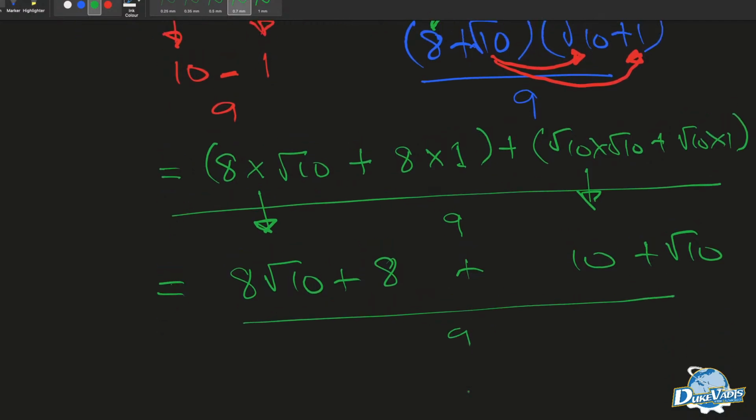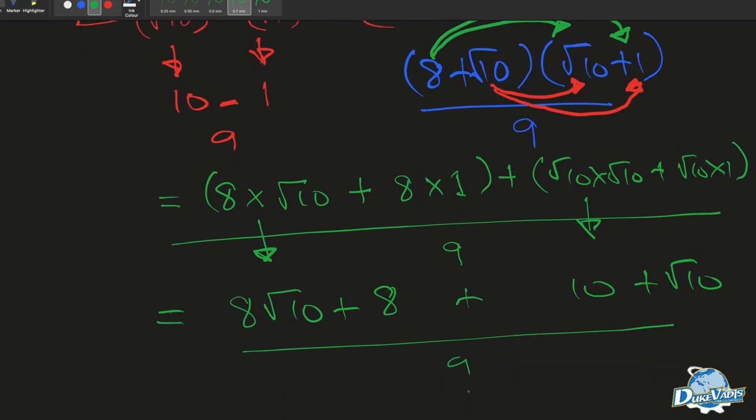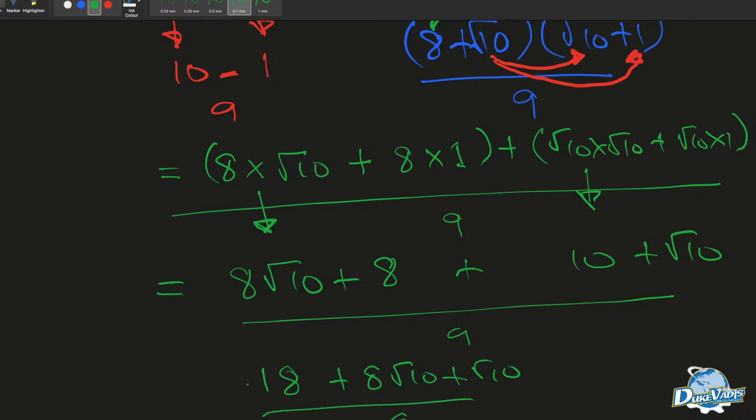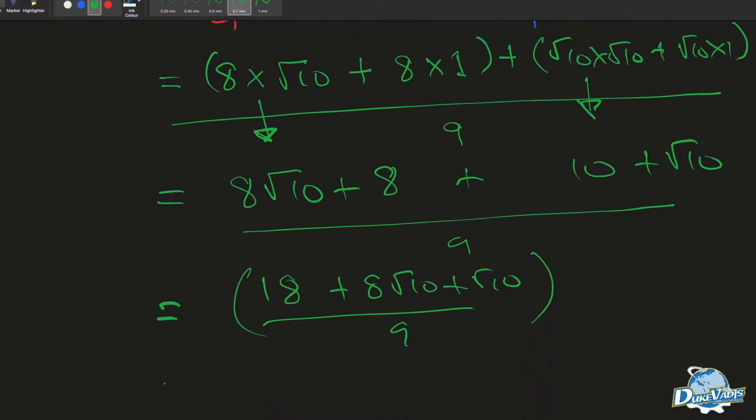Okay, you see, I've broken it down step by step so that we don't get confused at all. Because it's very important to break it down step by step so that you'll be able to understand it. Now, I'm going to group the like terms. So I know this 8 plus 10 will give me 18. Then I'll be left with 8 root 10 plus root 10 all over 9, which we can go further to add.